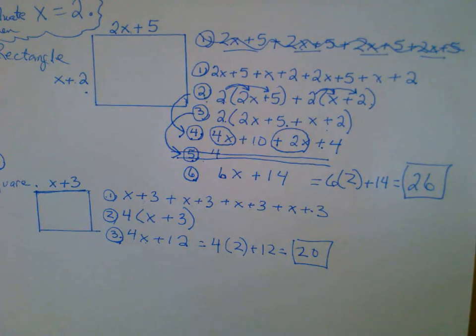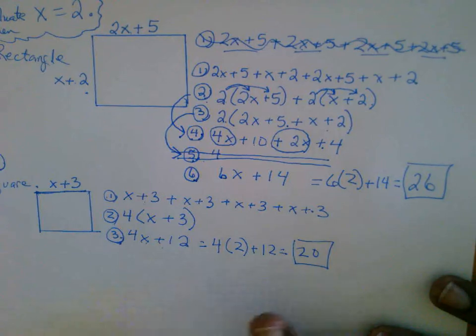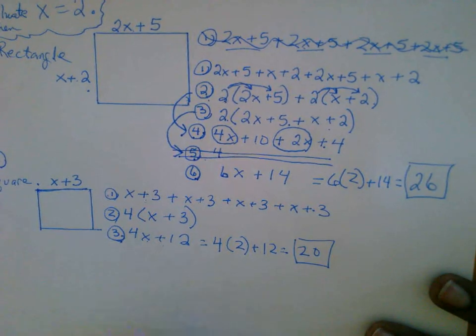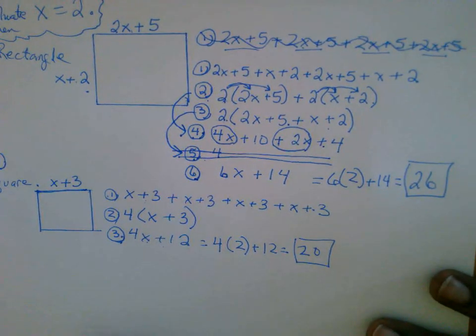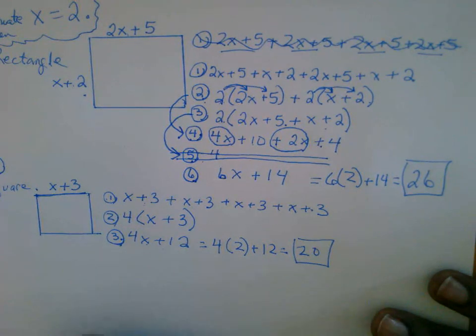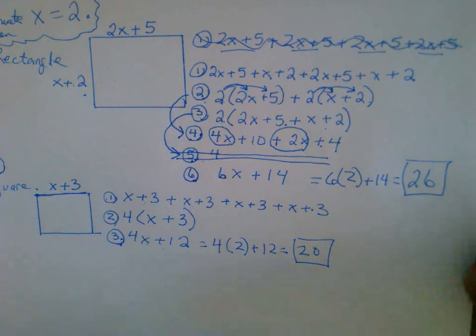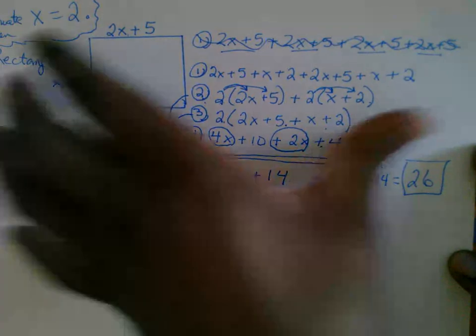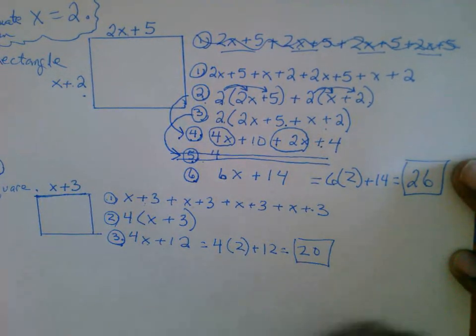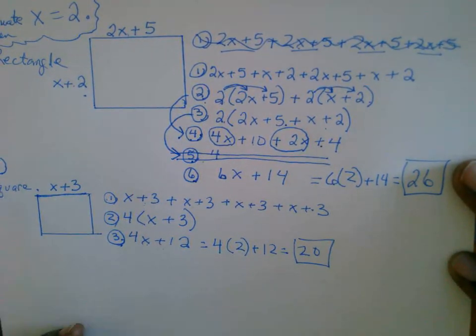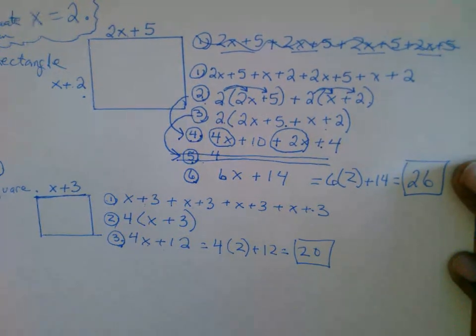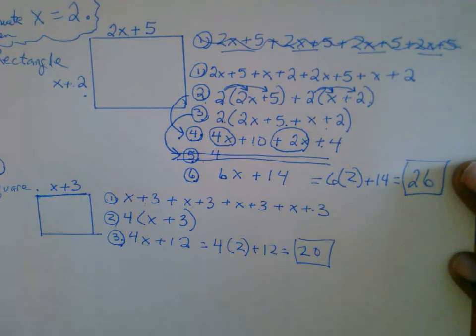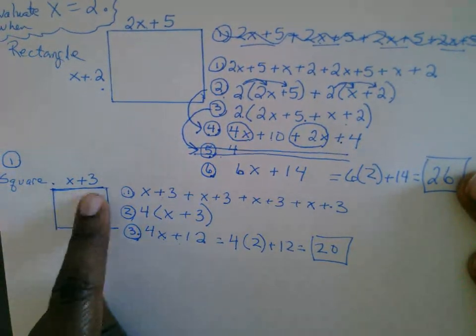So now, what you are going to do is you're going to create an art project with the last half of your paper. You're going to get the scissors. You're going to keep the top half. The bottom half, you are going to build either a square or a rectangle with a marker. You're going to label it with your own dimensions. If it is a square, it only has one side label.